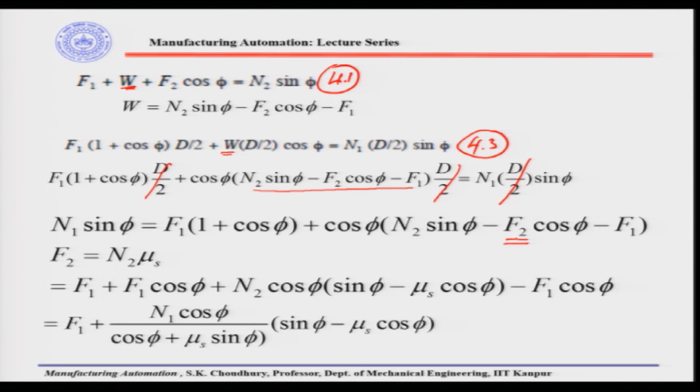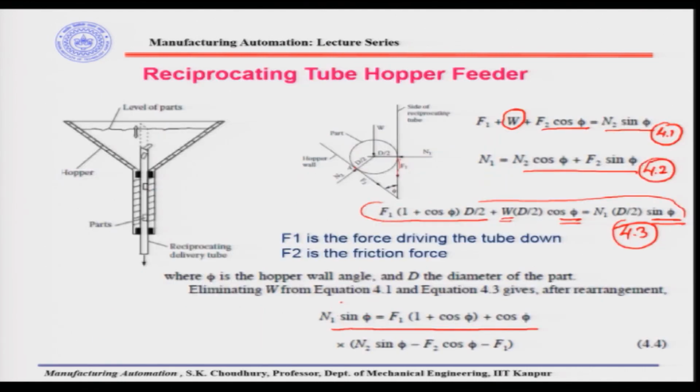Putting that value of F2 and simplifying, we finally get N1 sin phi equal to F1 into 1 plus cos phi into this factor.